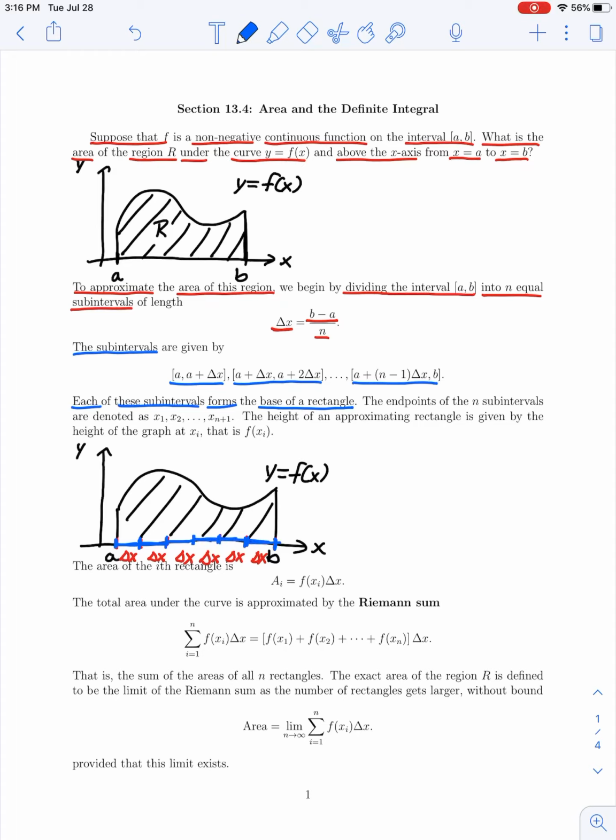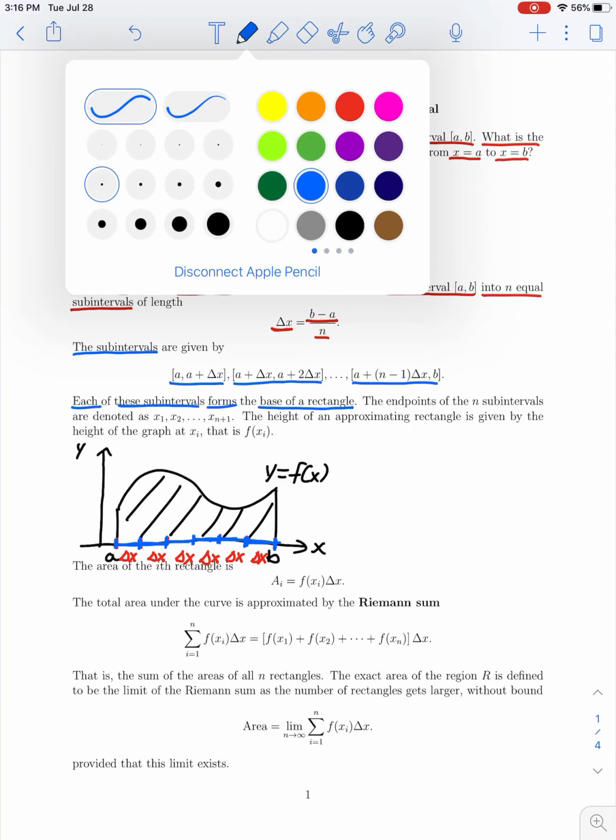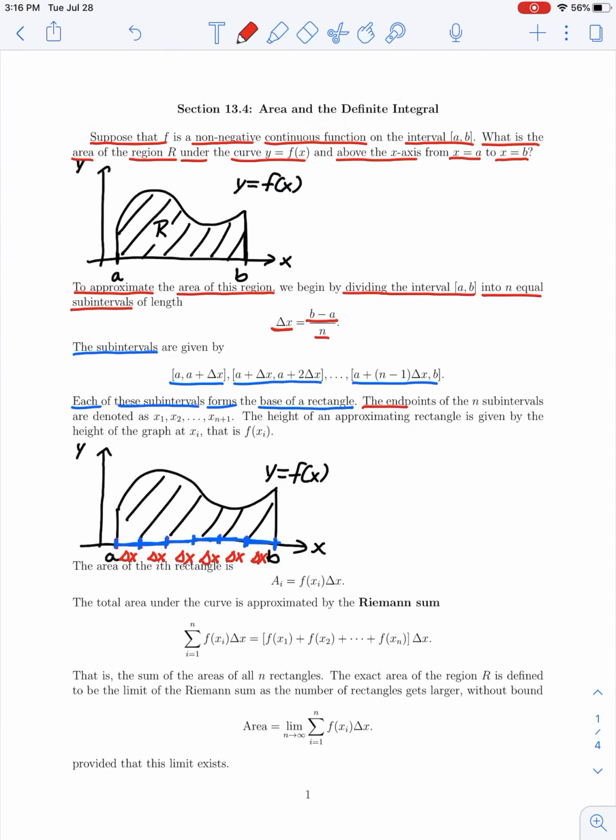base of a rectangle, then we could denote the endpoints of these n subintervals as x1, x2, up through xn plus 1. So the endpoints of my intervals, we could take either the left or the right endpoint.